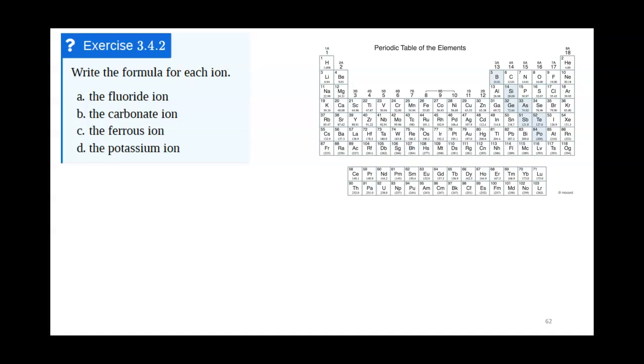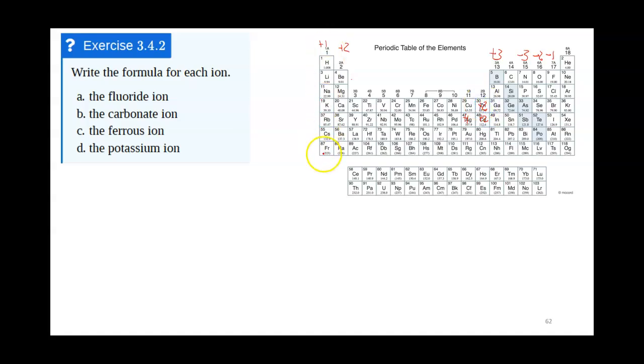Okay, so this is an exercise from the book. It says write the formula for each ion. So the first thing I'm going to do is decorate my periodic table with the charges that I know are formed by different elements.